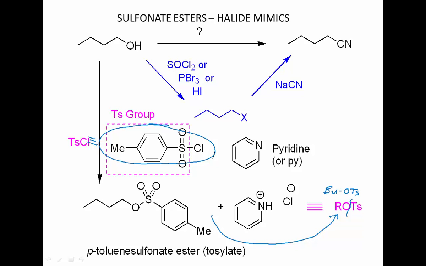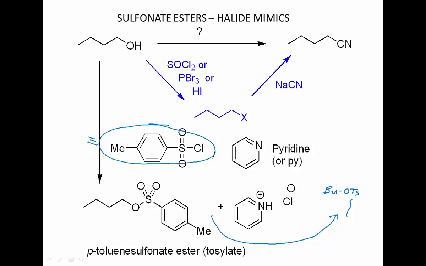So it turns out that a tosylate group reacts very much like a halide. In fact, they're interchangeable. We won't get to a reaction where halides and tosylates are not interchangeable until we get to chapter 14 of the textbook.